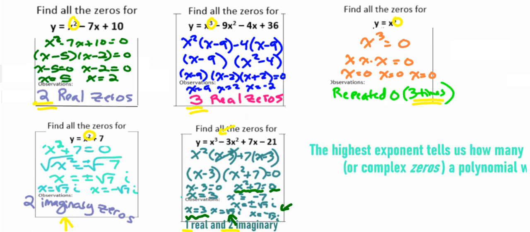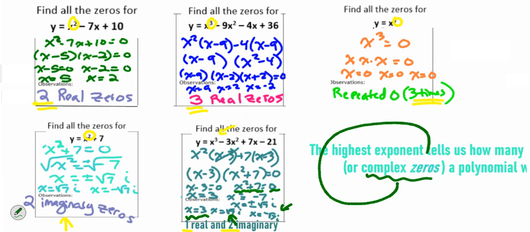Here's what the fundamental theorem of algebra tells us. We're guaranteed a certain amount of complex zeros, and that number is equal to the highest exponent. Complex zeros mean complex numbers, and we saw real numbers can be written as complex, and imaginary numbers can be written as complex.